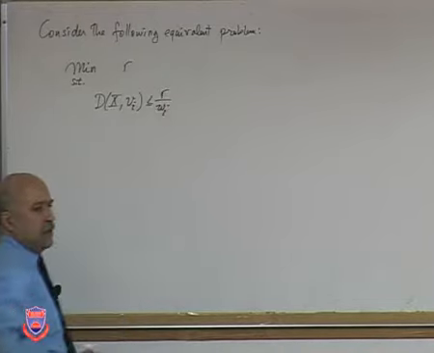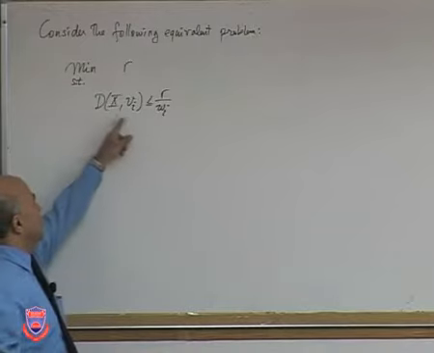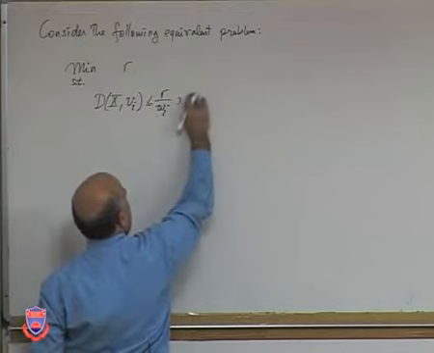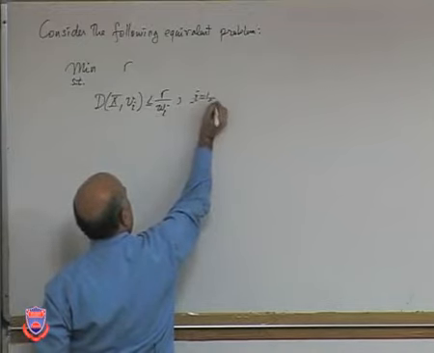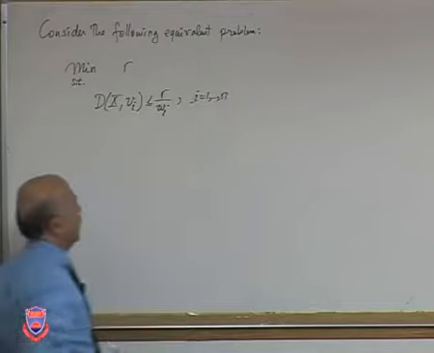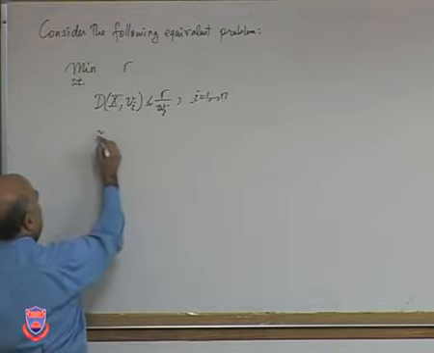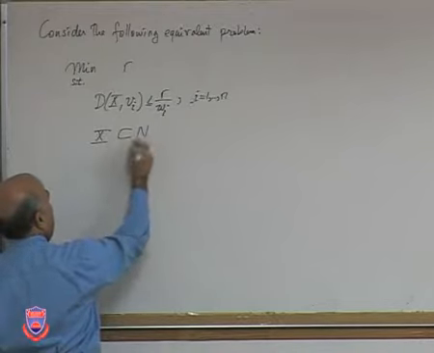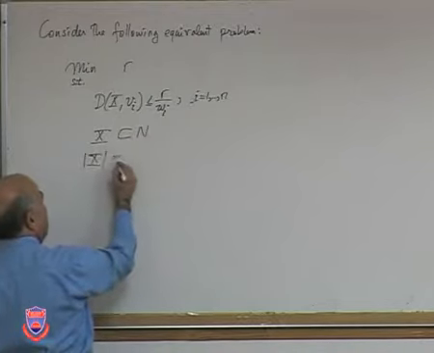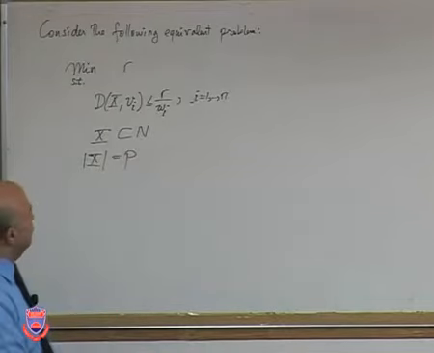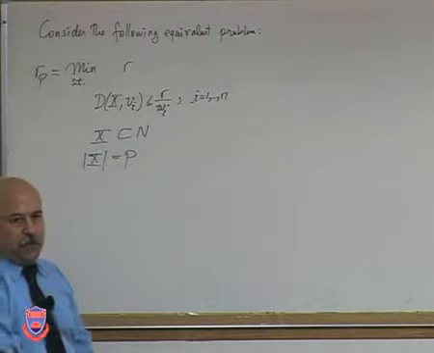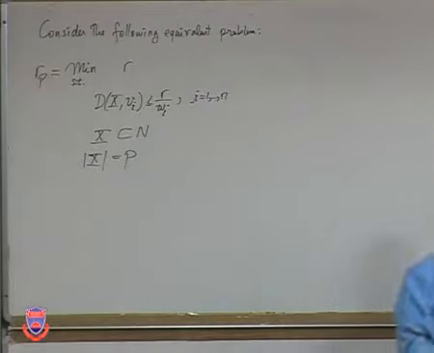So you've got Wi times that is less than or equal to r, where again x is selected from N with cardinality restricted to p. So the output of this optimization is again Rp. The optimal value is Rp.